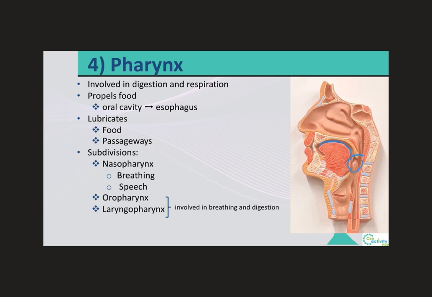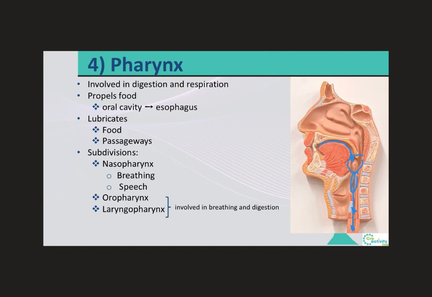And once the bolus passes through the pharynx, there are specific muscles called constrictor muscles that will constrict the pharynx and force the bolus into the esophagus, and this will initiate peristalsis and move the bolus into the esophagus. So it basically pushes the bolus from the pharynx into the esophagus.